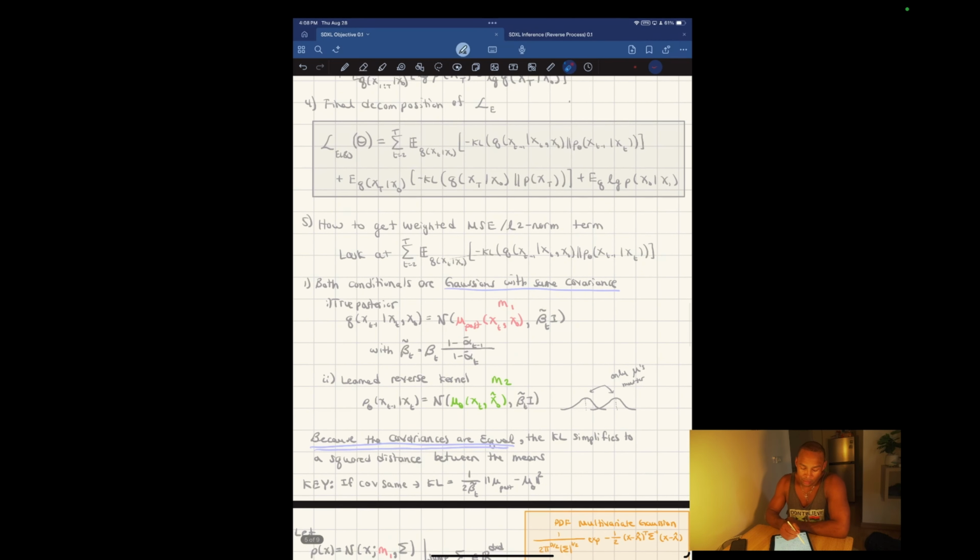Okay, so when last we stopped, we had this final decomposition, right? This is the diffusion loss. And depending on how you parameterize, depending on your modeling assumptions for the noising schedule, you'll have different distributions with different parameters.